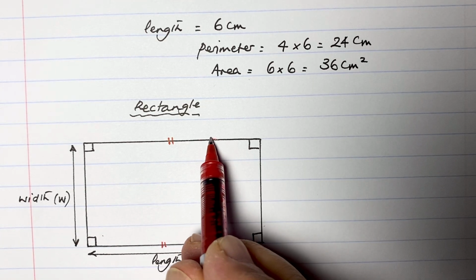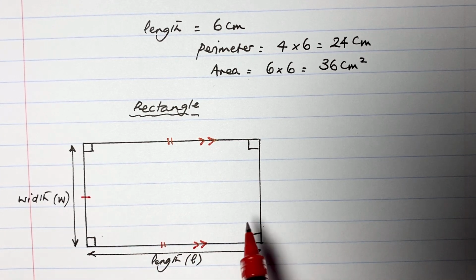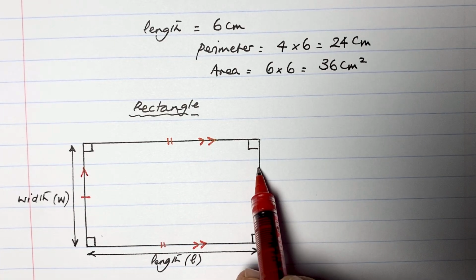And they are parallel. The opposite sides are equal and parallel. So this side is also equal to this side, and they are parallel.